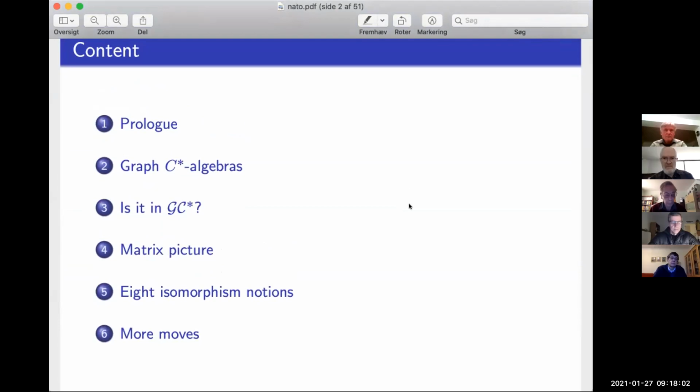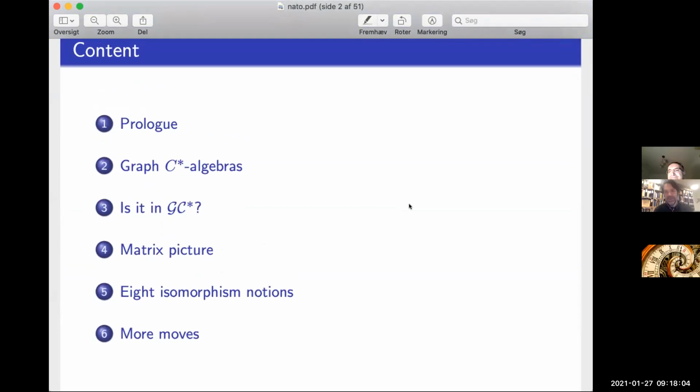I'm not 100% sure that's the same way that George would like us to think about this, but I guess we'll find out. Then I'll mention the definitions of graph-sister algebras and the important properties, and this is the introduction. Then the next two points, bullets 3 and 4, that's the user guide part.